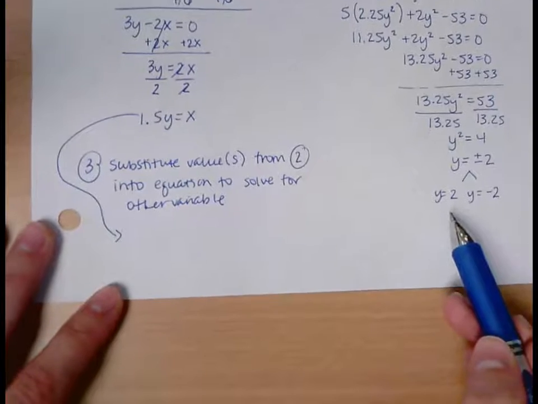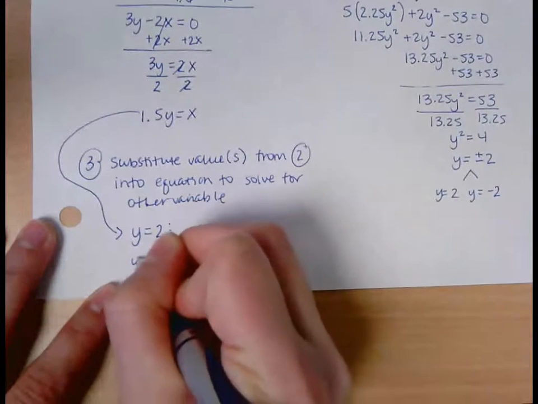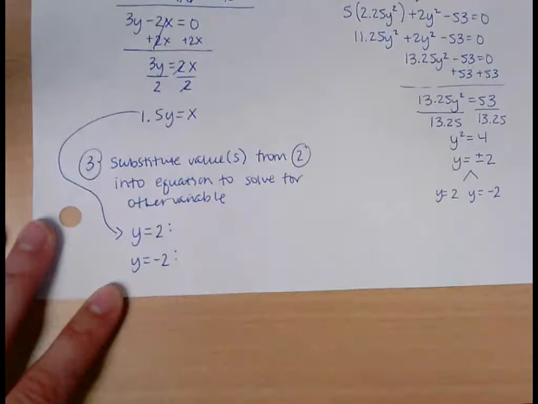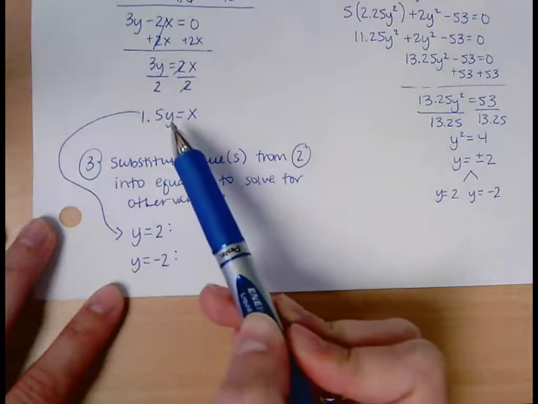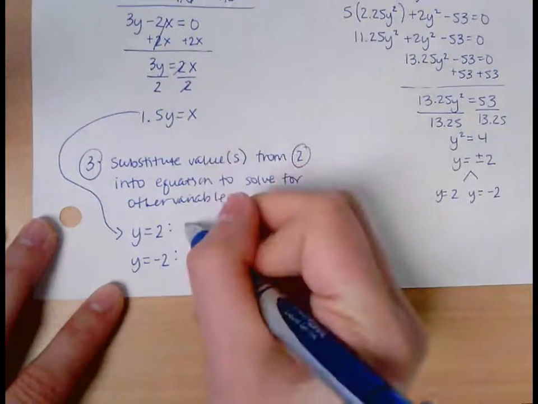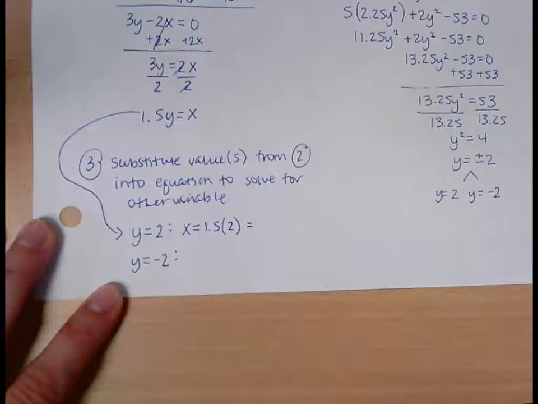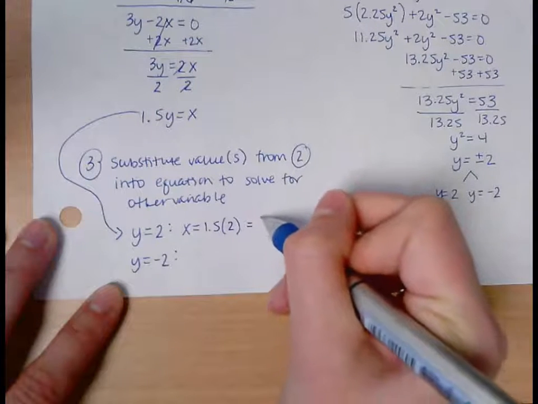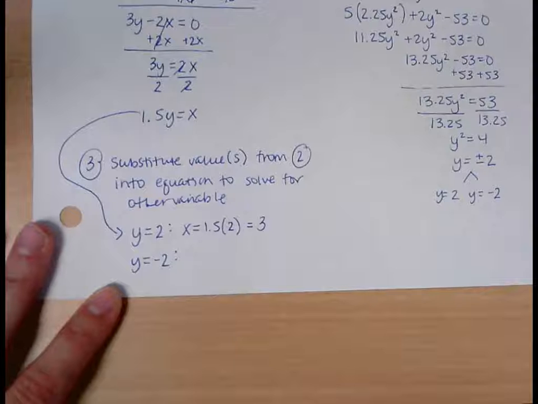So as I substitute this in, I have to plug in 2 separate y values. So if y is positive 2, I substitute that in here, and I would get x equals 1.5 times positive 2, and therefore x would be positive 3. Now, also remember with systems of equations, how did we write the solutions?